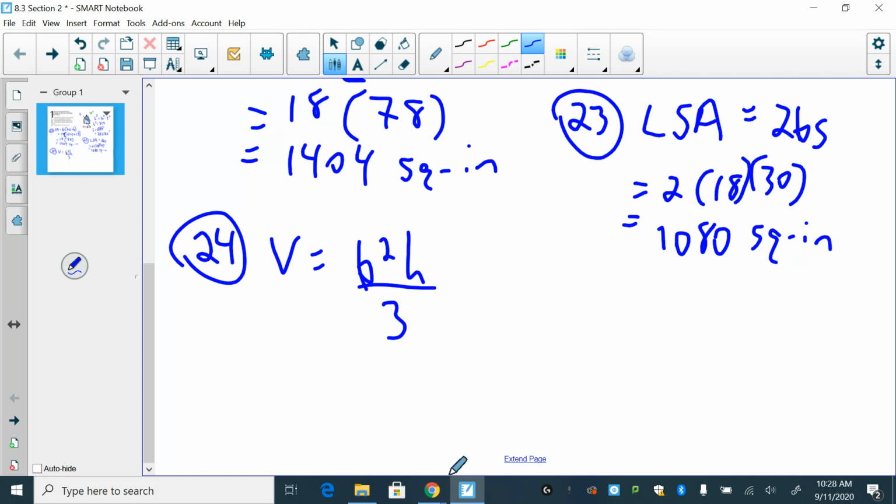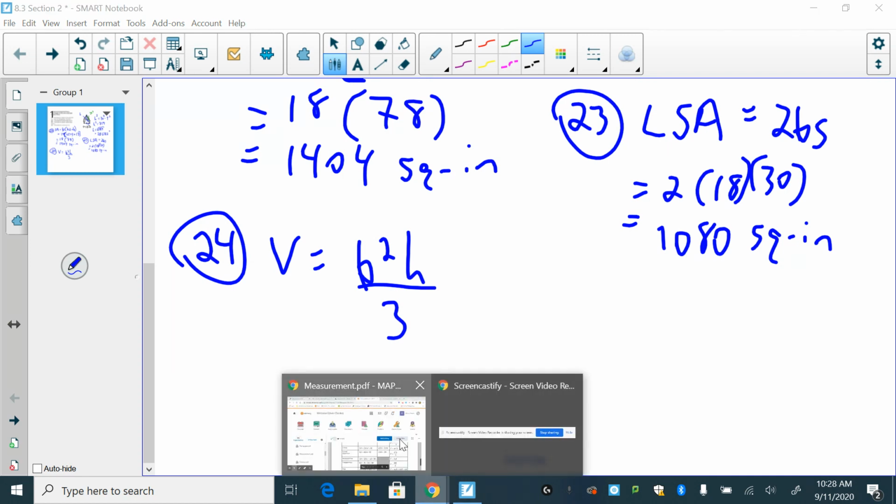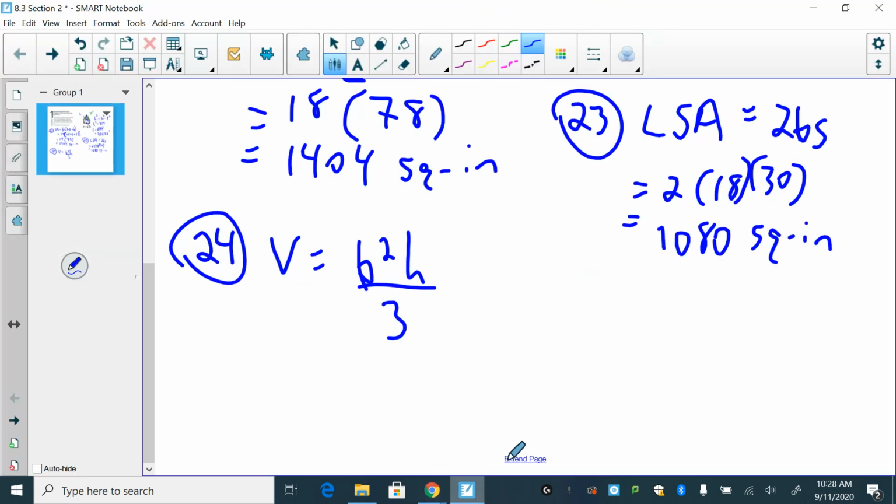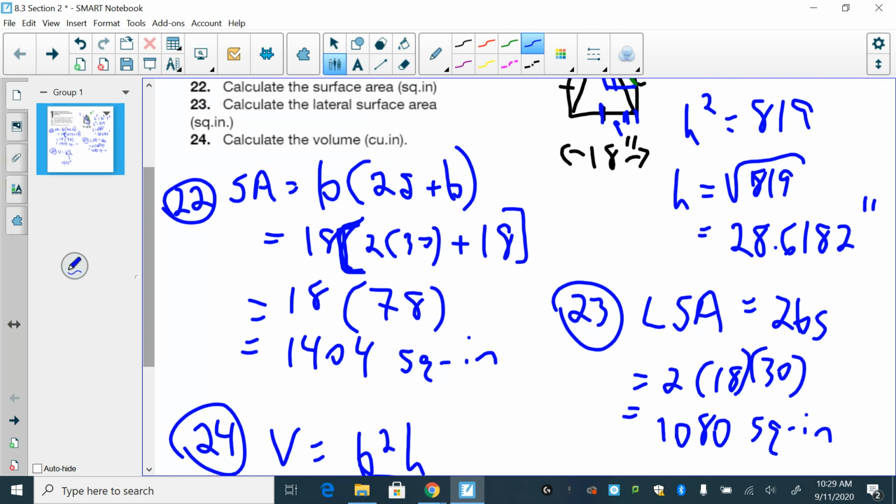Let's just double check. Base squared times height divided by 3, perfect. So the base was 18, so I'm going to go 18 squared. The height was right here, 28.6182. I'll use all the decimal places.